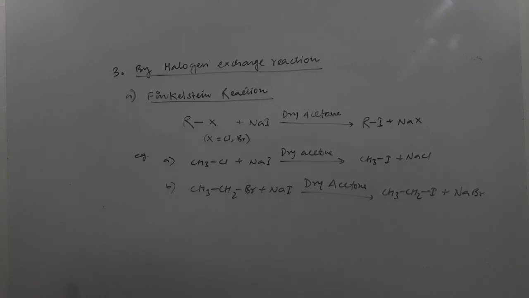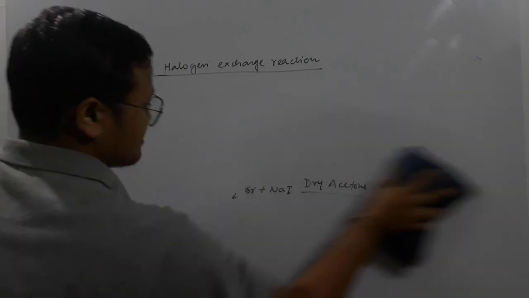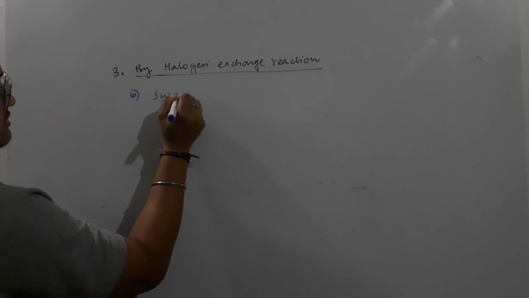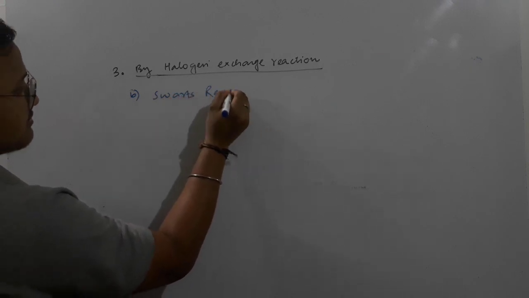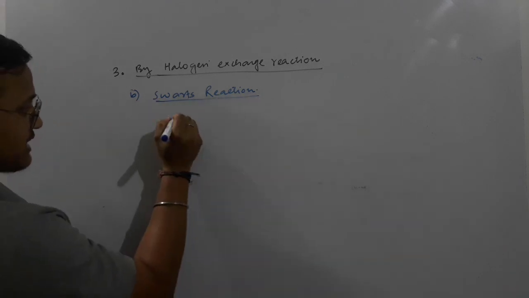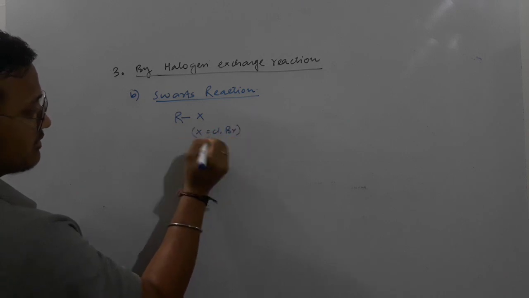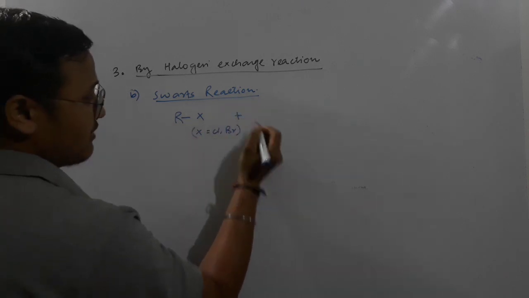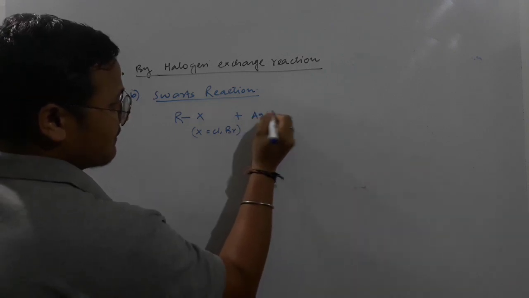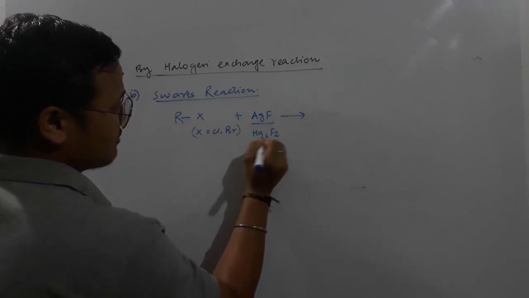And another reaction which I'm talking about is known as the Swarts reaction. This will be number B. In this particular reaction, the same type, we are reacting either an alkyl chloride or bromide compound with a metallic fluoride compound, say this one, or mercury fluoride also.